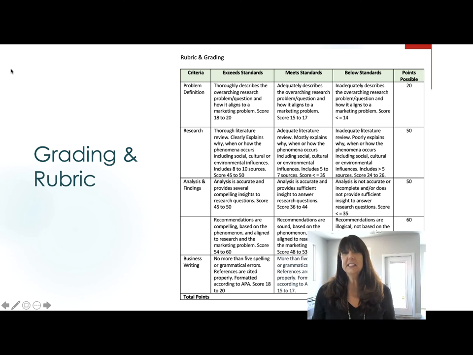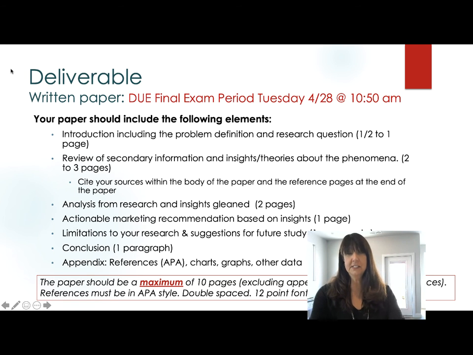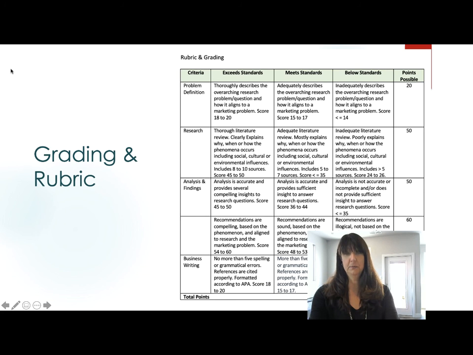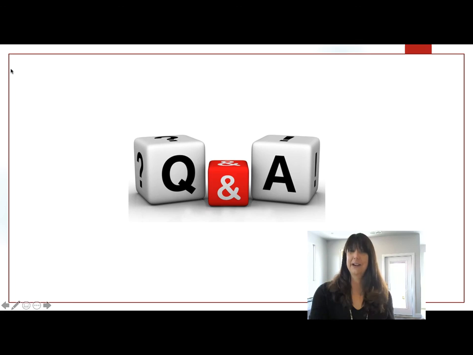So the rubric is in Canvas. As you're laying out your paper, be sure to address the deliverables that I have here and the rubric, and you should be great. You are all rock stars. You're going to be super at this.